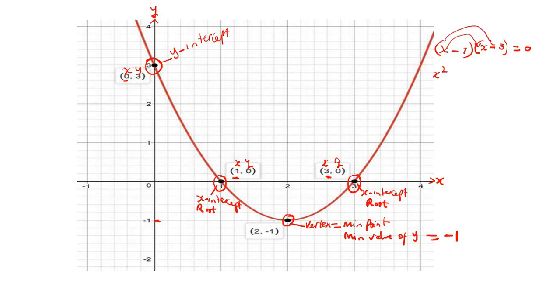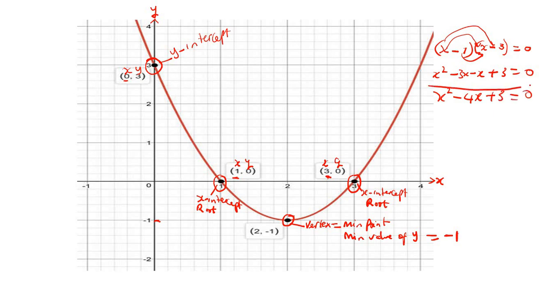You now expand and multiply: you have x squared, minus 3x, minus x, and then plus 3, all equals 0, giving you x squared minus 4x plus 3 equals 0.